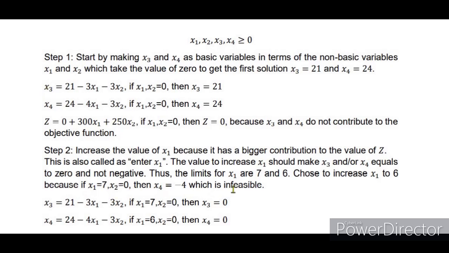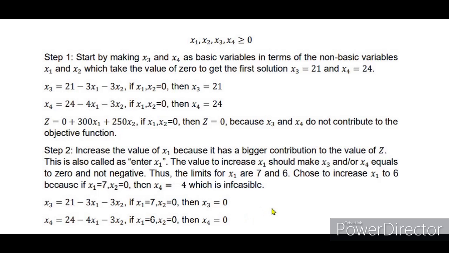Thus, the limits for x sub 1 are 7 and 6. Why 7 and 6? Because when you substitute 7 into the first constraint, with x sub 2 equal to 0, x sub 3 will become 0. Try to substitute it to check it out.